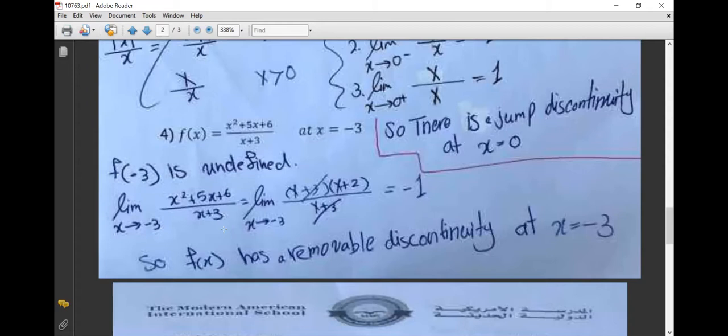This is a kind of jump discontinuity also, but jump discontinuities occur mostly at 0, right? This is also a kind of jump discontinuity because before and after it is different, and in between it is undefined, right? Okay.